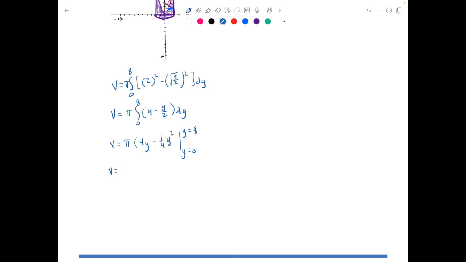So we're going to have pi times 4 times 8 minus 1/4 times 8 squared, minus 0. So we'll get pi times 32 minus 16, which is 16 pi cubic units. Cool, cool?